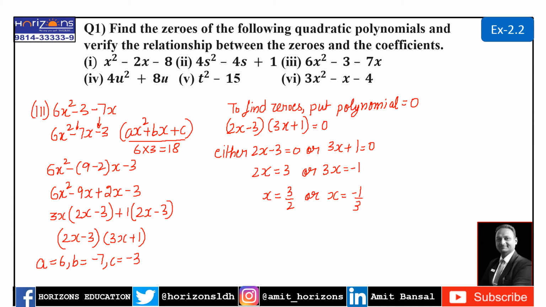Right, so these are the two zeros that we obtained. I'll take any one of them. Let us suppose alpha is equal to 3 by 2 and beta is equal to minus 1 by 3. Right, so the next thing that I have to do is to verify the relationship between the zeros and their coefficients, right?